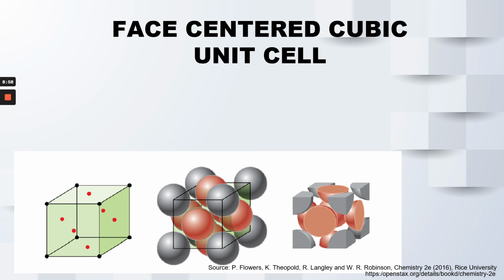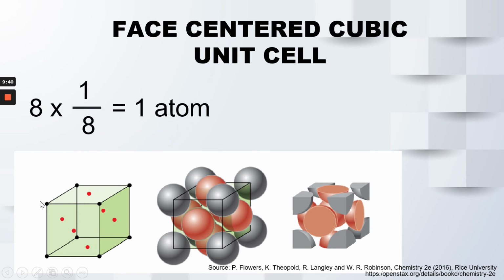Atoms are on each of the 6 faces. But the atoms are shared with one other neighboring cube, so we get half of the atoms on the faces. It is just half of each face atom that belongs to a given unit cell. So the calculation will be like this.